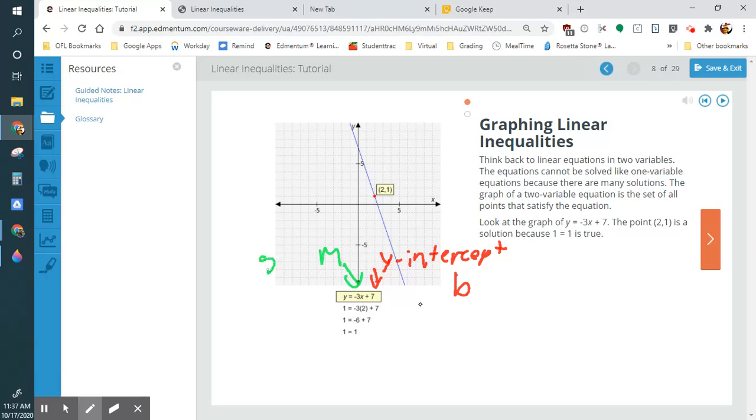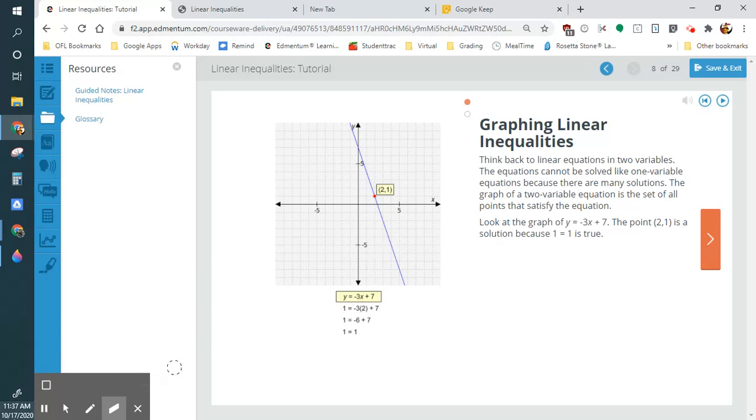So this again is our slope, and this is our y-intercept. In other words, we're going to start off here at 7, and then go down 3, 1, 2, 3, and over. We're going to move over 1 because of the rise over run. And then we have our 2 dots, and then we just make a straight line going down. And they're asking, does this point fall on it? So we can just plug it in to see if it falls in it.